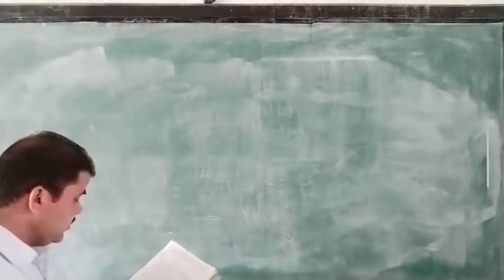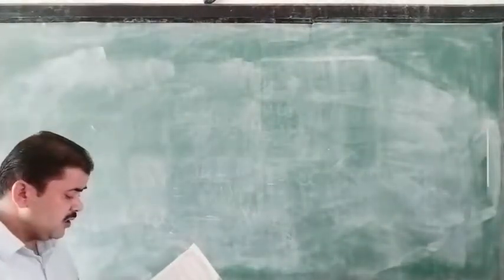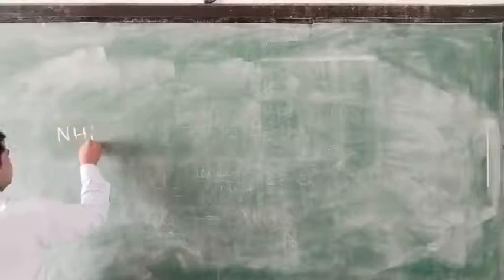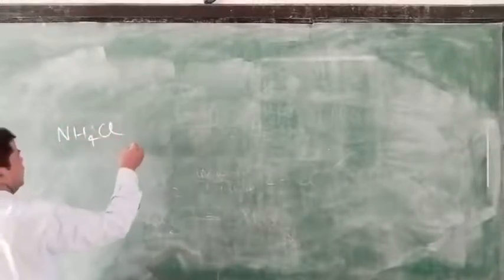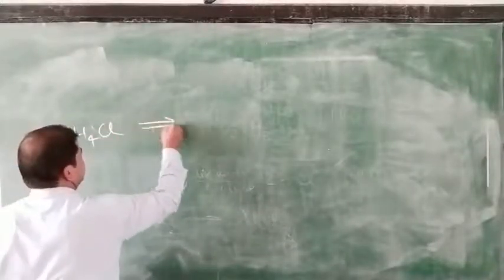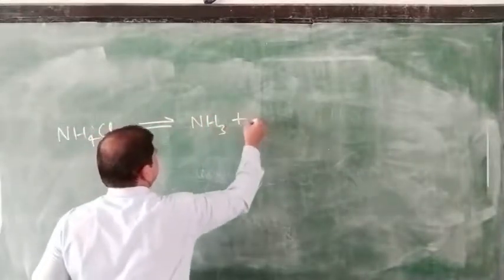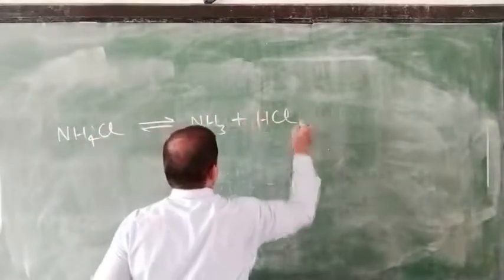So question number 12. Define a thermal dissociation reaction with a suitable example. If we take this example, ammonium chloride, we get ammonia gas and hydrogen chloride.